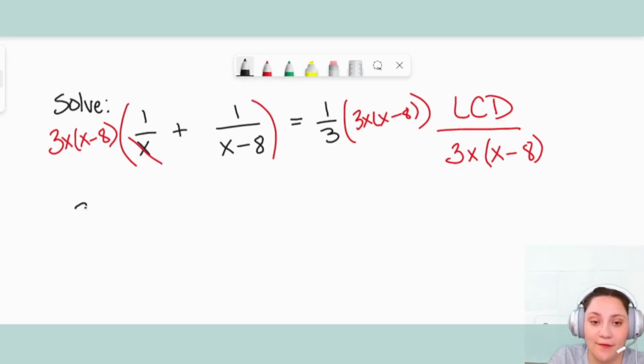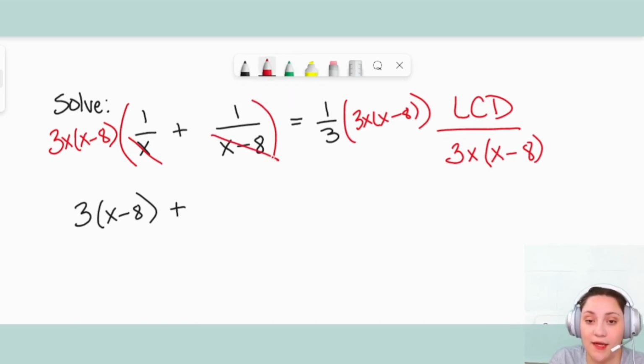I'm going to be left with 3 times x minus 8 over 1, because the x's have canceled out. So that's just 3 times x minus 8. Then plus, over the next term, the x minus 8 term is going to cancel out. So I'm going to be left with 3 times x, again over 1, but we don't write that. So that's what I have on the left-hand side. On the right, the 3 is going to cancel out.